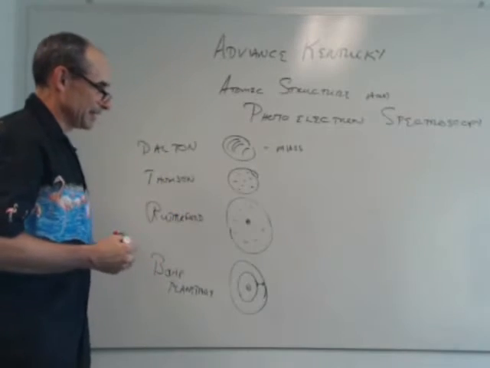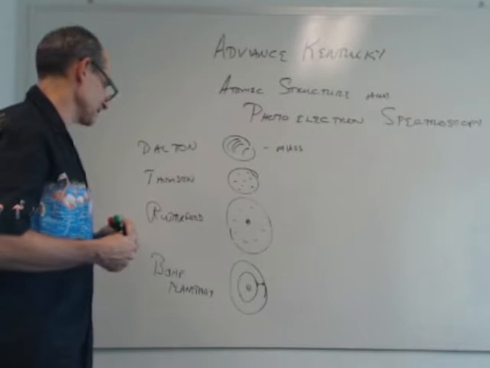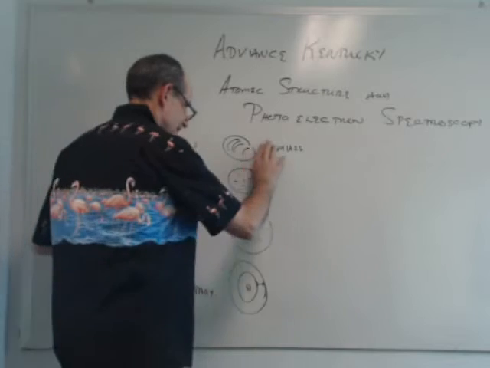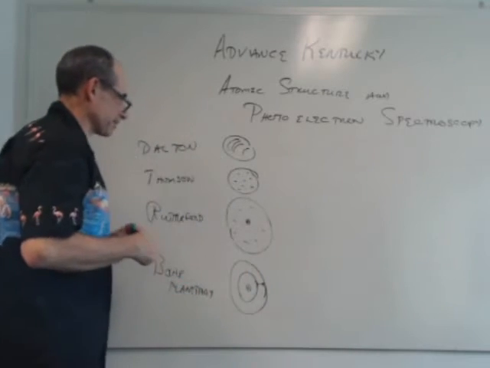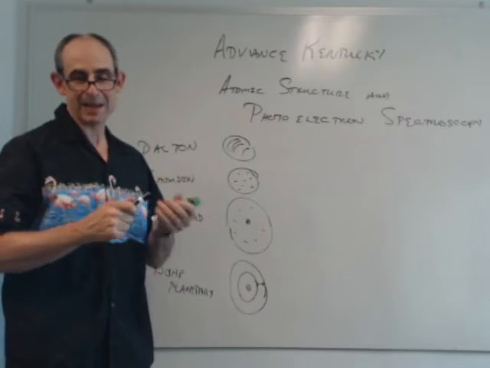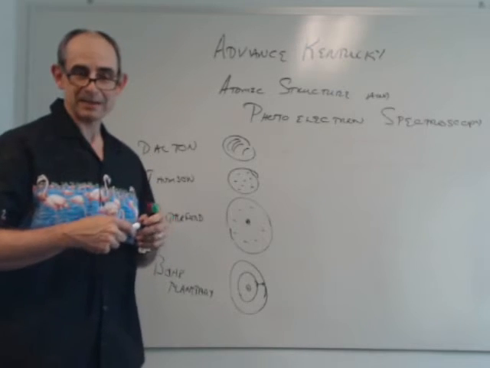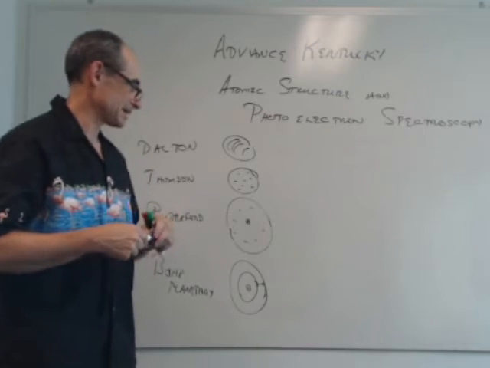Through the late 1920s and into the 1930s, though, quantum mechanics was developed, and we came up with a quantum mechanical model of the atom, our best model to date, because it does explain much of the chemical reactivity.